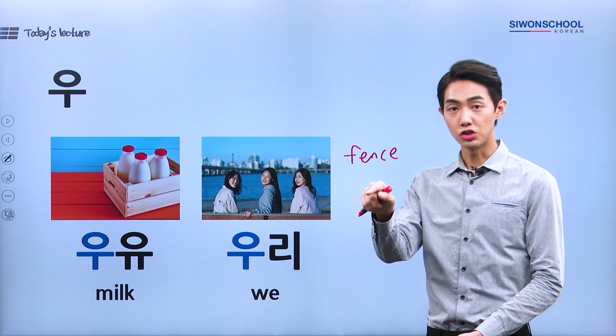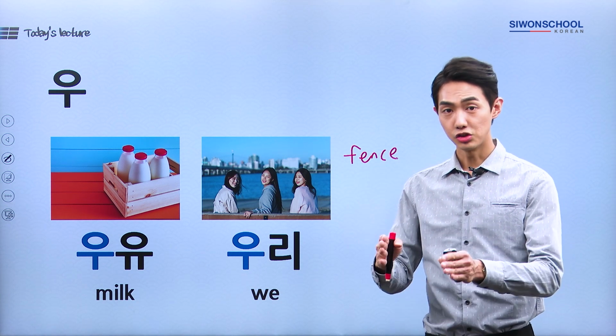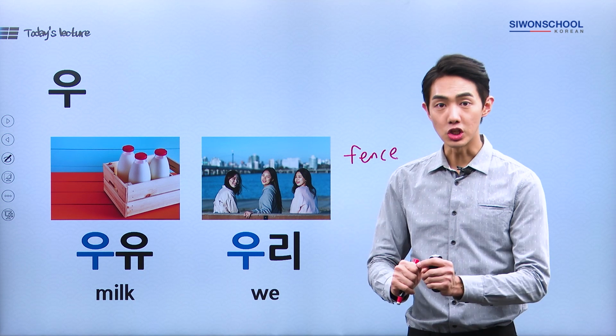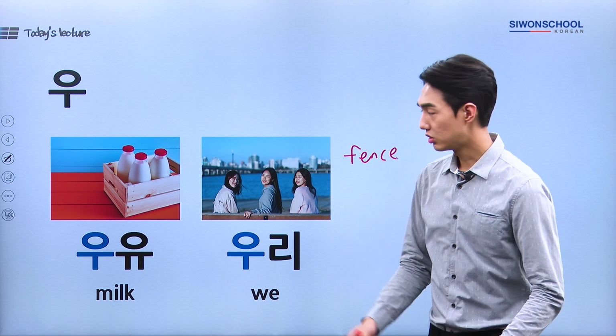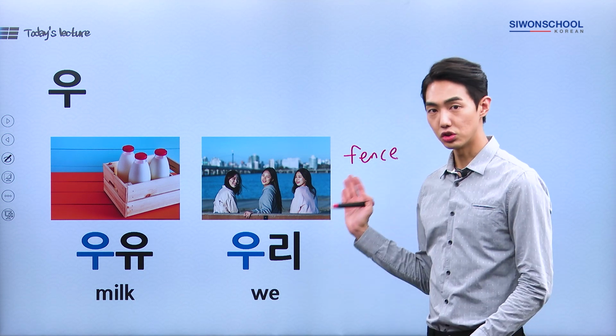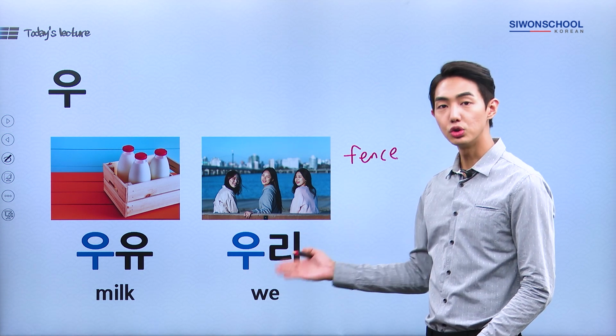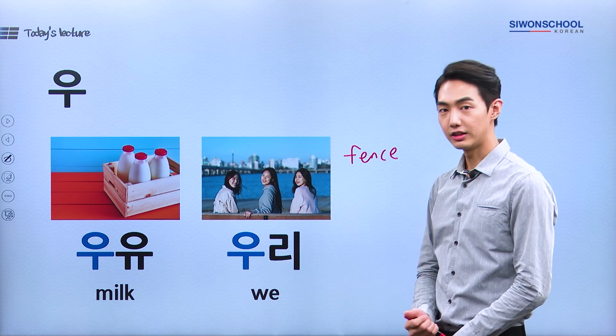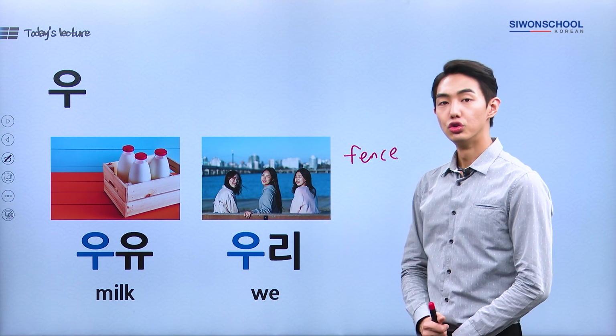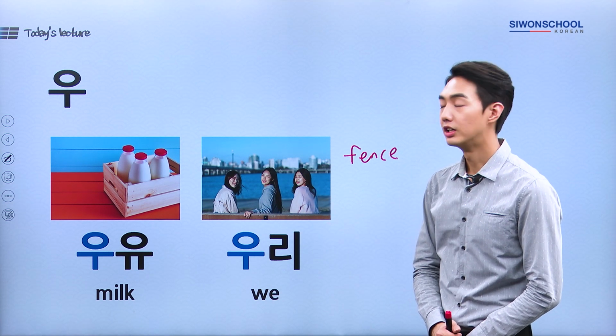So a dog trapped in the fence means the dog is trapped in the 우리. So repeat after me. 우리. 우유. Good job.